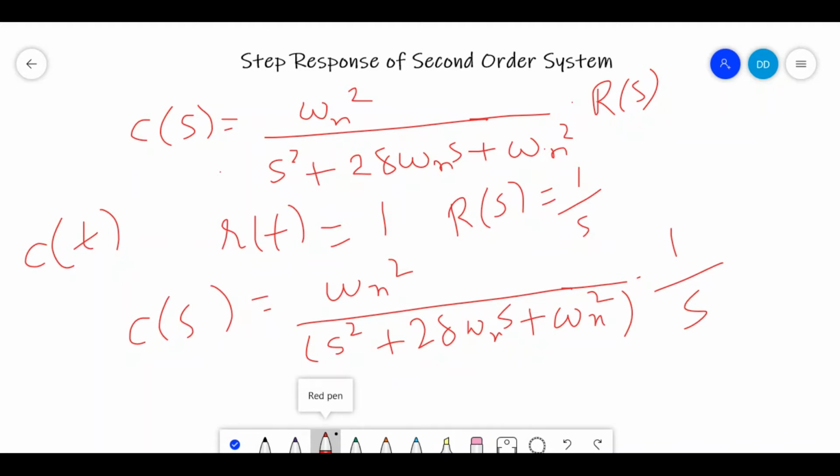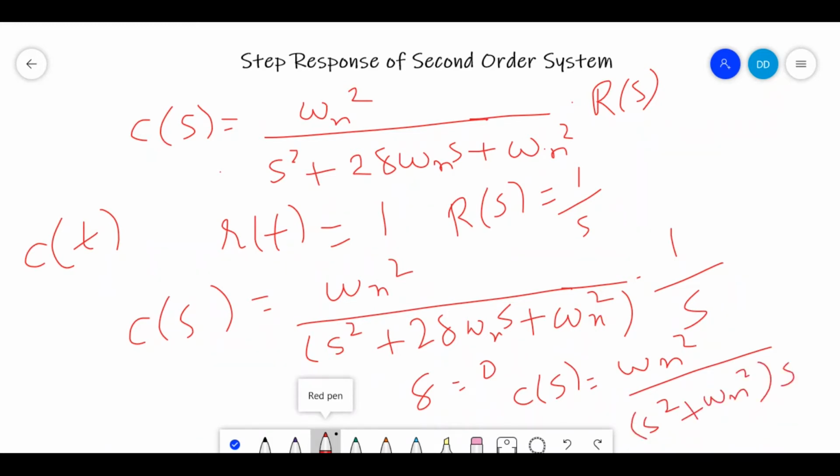The first one we consider is the undamped case, where delta is equal to 0. When delta is equal to 0, C(s) reduces to omega n square divided by s into (s square plus omega n square). From this C(s), we need to obtain C(t).